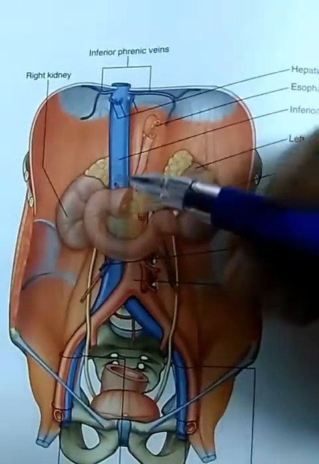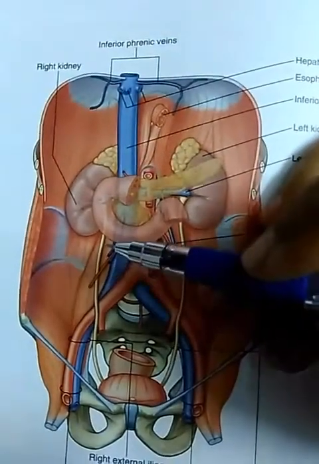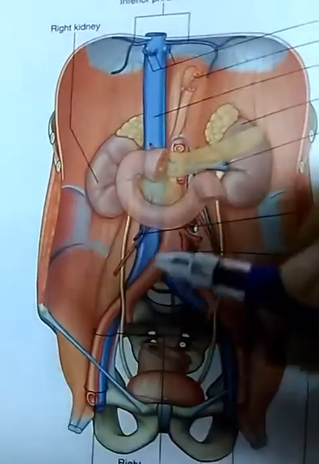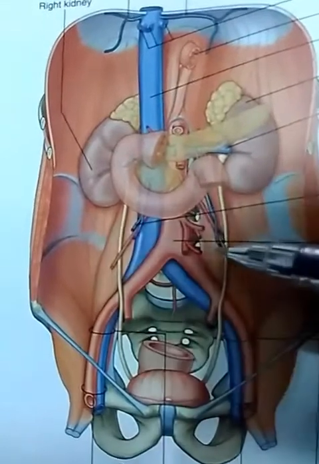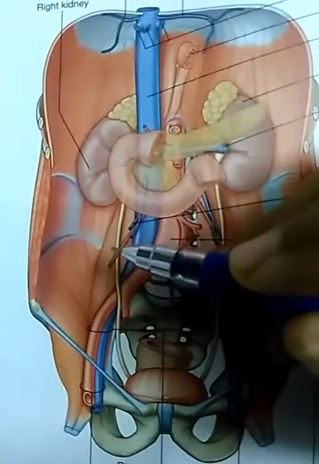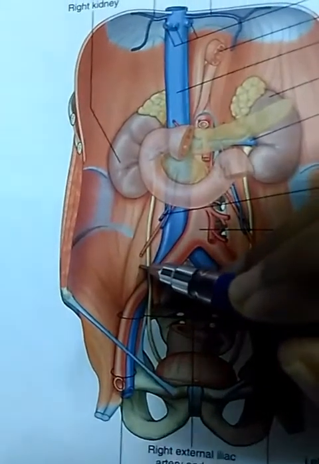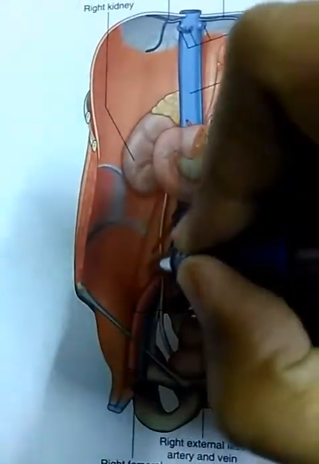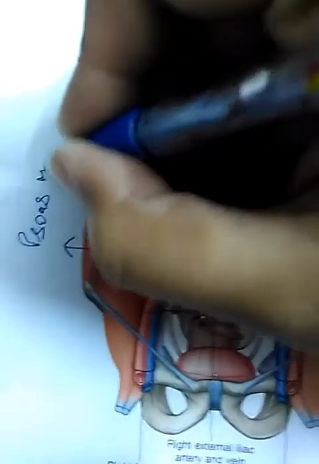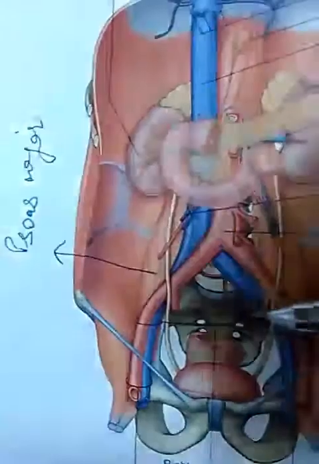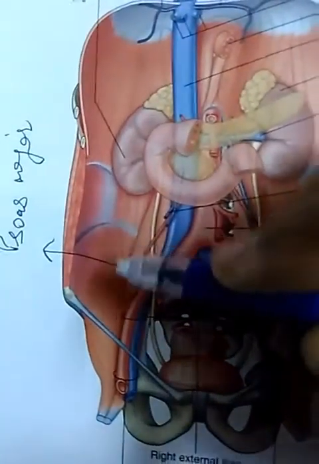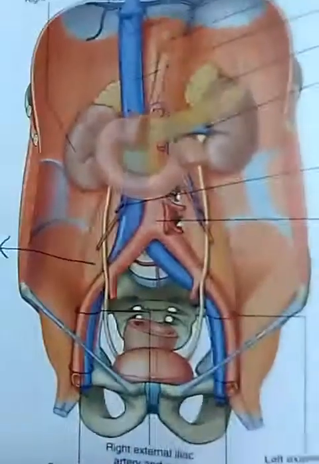One more important image of ureter which I want to show you. As you can see, the right as well as left ureter are passing over the psoas major muscle. This is psoas major, and here is the pelvic region.